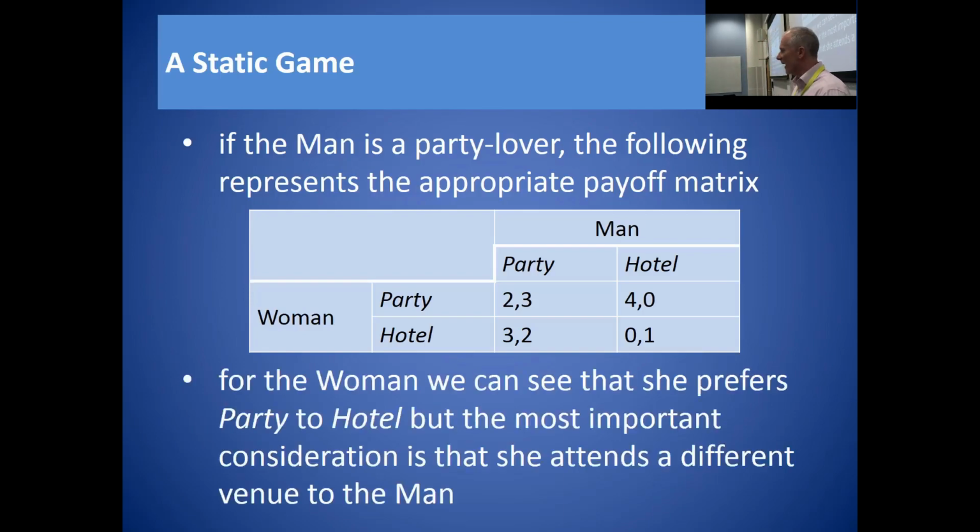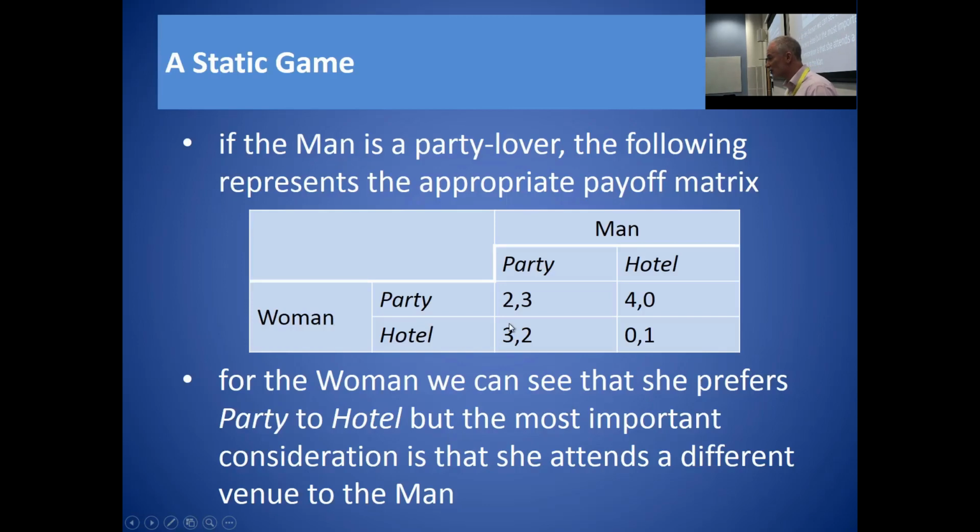Now, if we look at the woman, it's not as crucial what these preferences are. But I did say that the woman wants to attend a different venue than the man. In the very way that I've set these numbers up, you can also see that she would rather go to the party than the hotel.